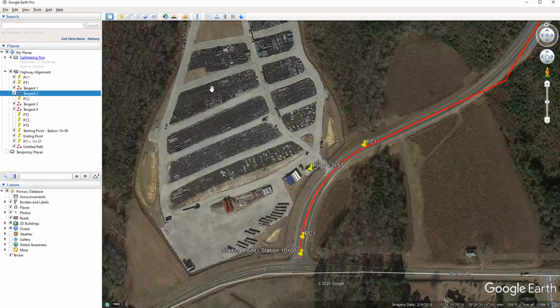And so we started with our starting point at station 10. And then we moved along our corridor. We measured the distance from that starting point to PI1, and we found that was 357 feet. So our PI station was 13 plus 57. Now we're going to subtract off the tangent length, which I told you was 278 feet.